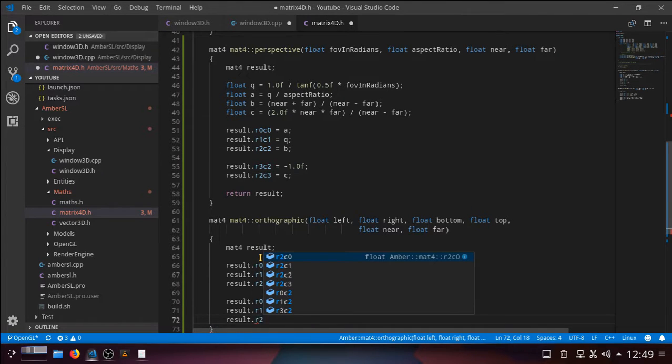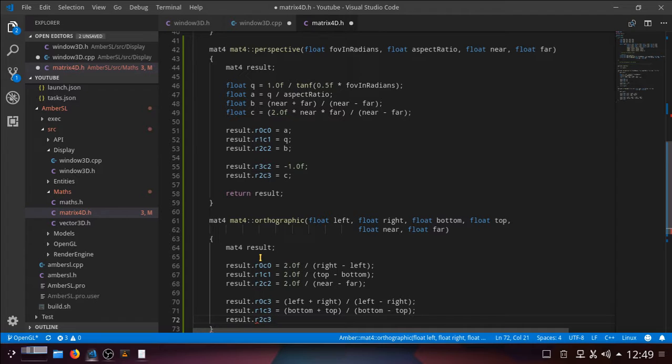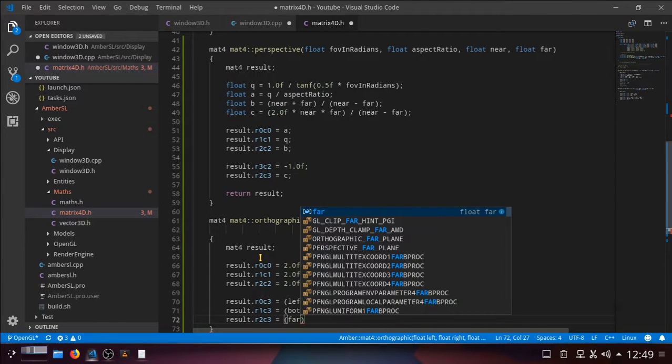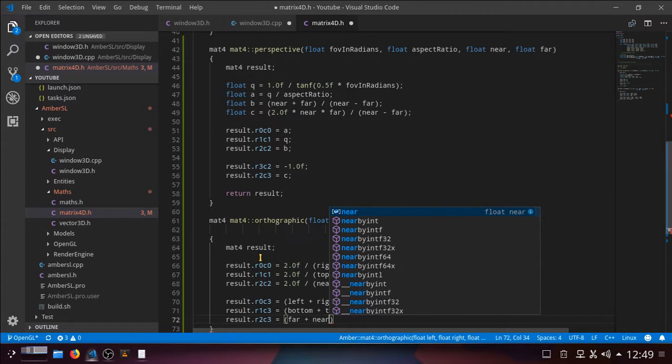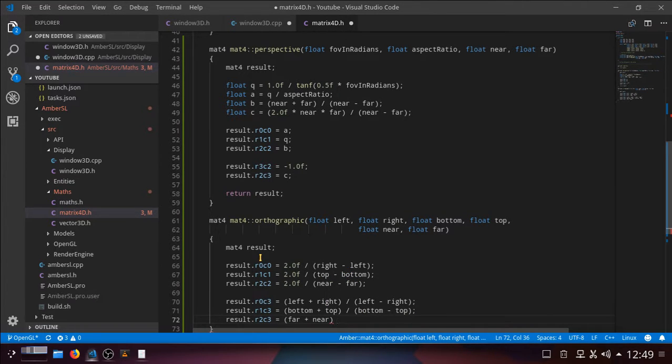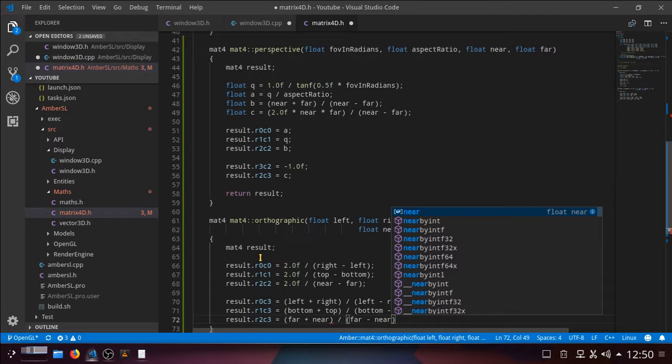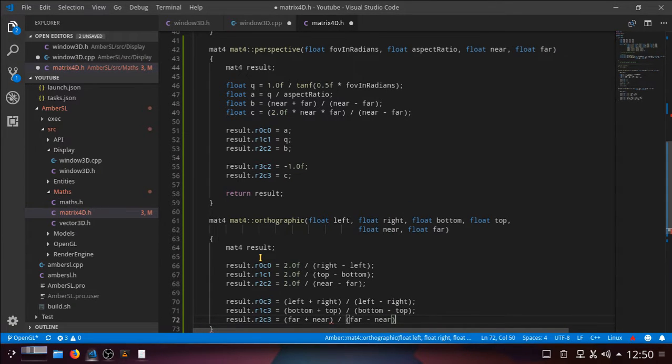Row 2, column 3. And that is going to be far plus near. And you probably can tell me what the last part of this equation is now. Divided by far minus near. That'll do it. Have we got enough for an orthographic there? Yes, we have.